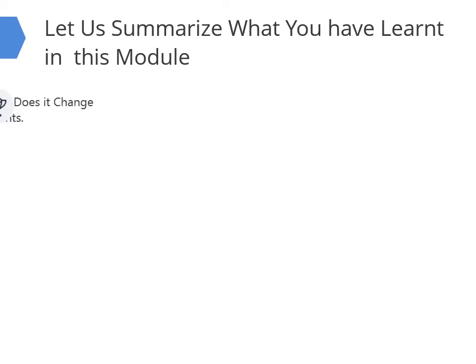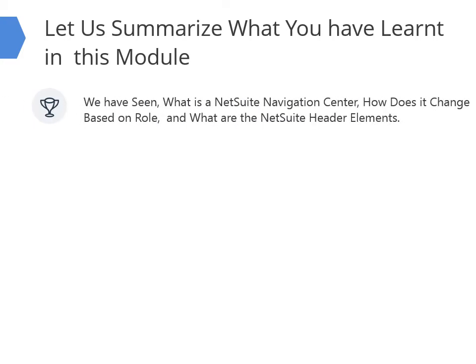We have seen what is the navigation center in NetSuite and how it is associated to different roles. I have also taken you through the default roles which are available in NetSuite and how they are associated to the navigation centers. Then I have taken you through the different header elements which are available in a NetSuite page.